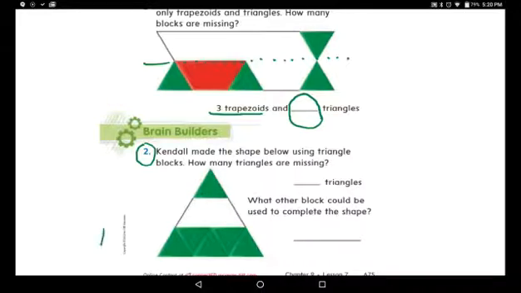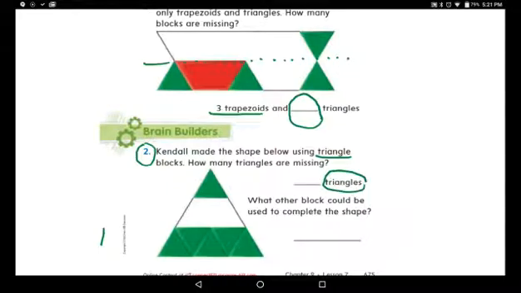Kendall made the shape below using triangle blocks. Only triangles. She used only triangles. How many triangles are missing? Okay, you need to draw the triangles to see how many triangles are missing.